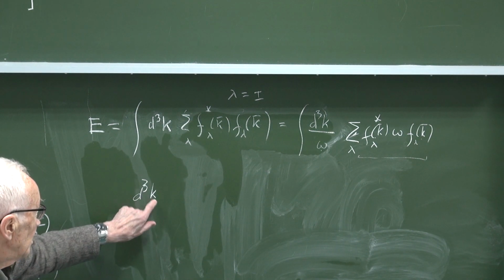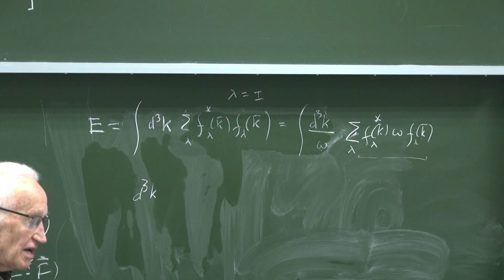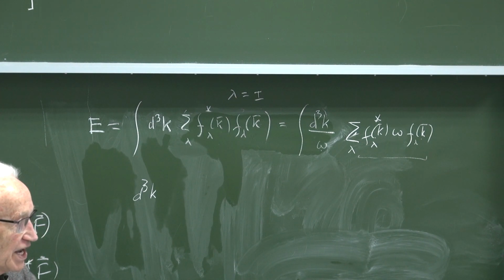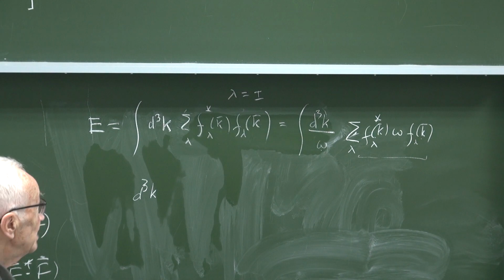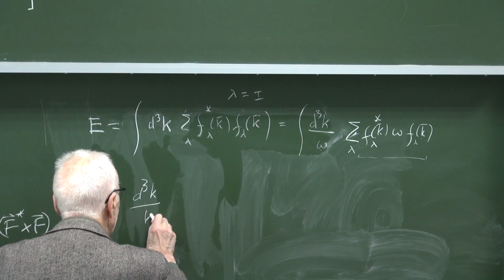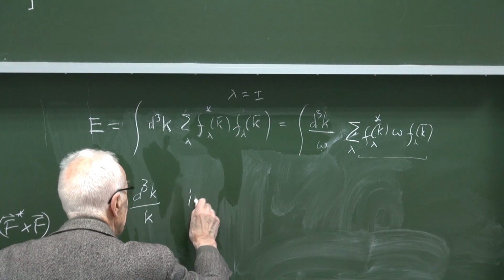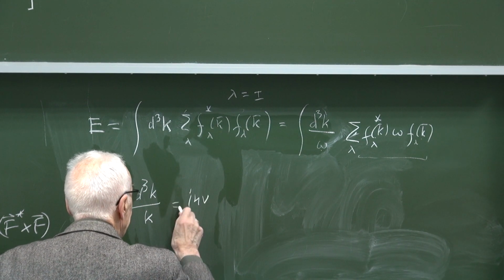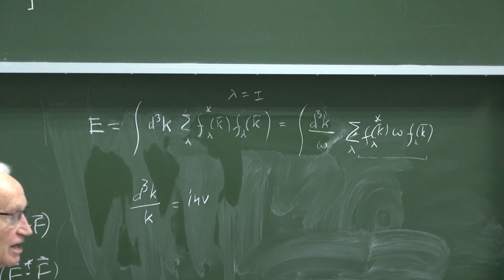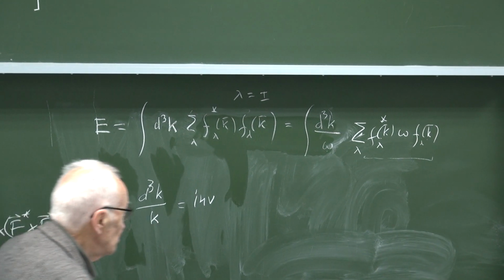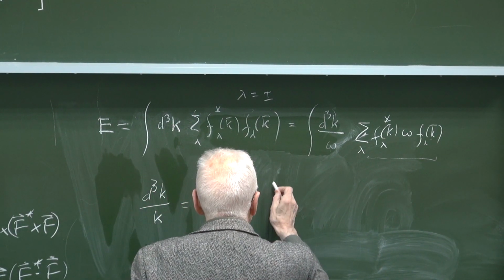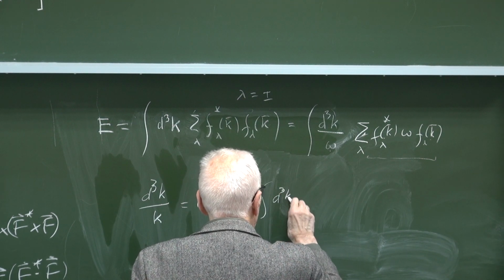However, when you go to a moving system, when you replace k by a changed vector because of the motion, Doppler effect you may say, then this will change. It so happens that d3k over the modulus of k is invariant. And what is the simple way of proving that this is an invariant? It goes as follows. I have the integral over d3k over k.